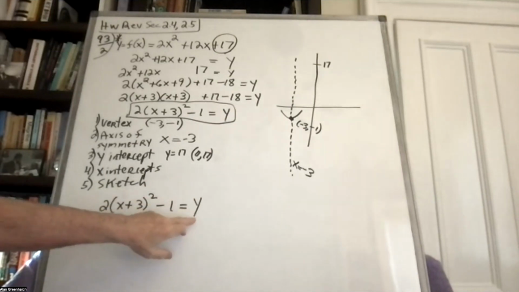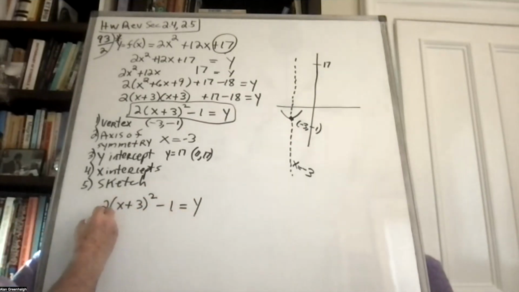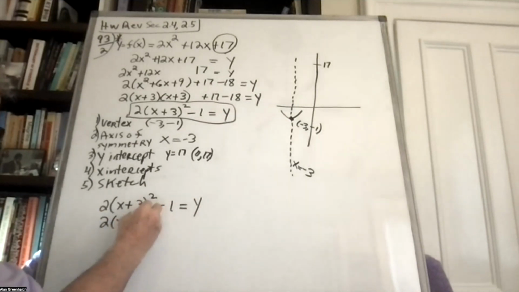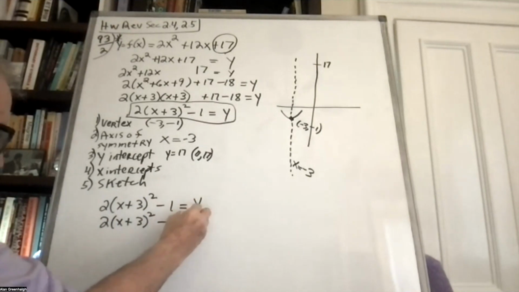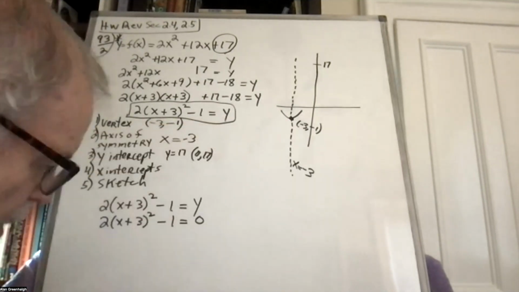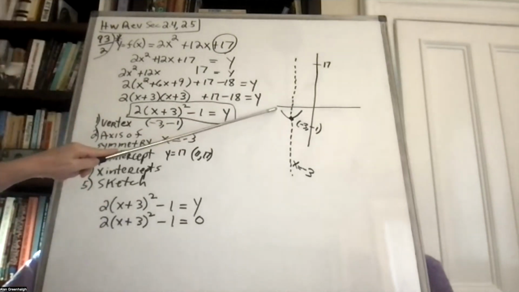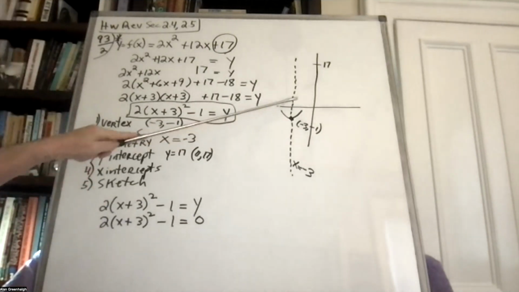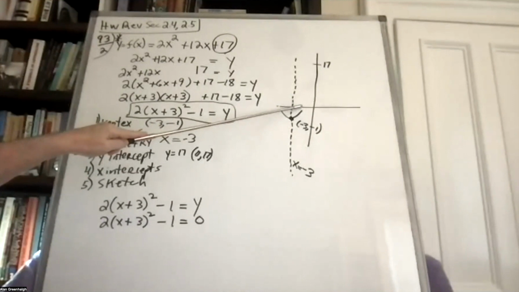By letting y equal 0. So therefore, 2 times (x plus 3) squared minus 1 is equal to 0. And now we solve for x, and that should give us both of these x-intercepts. It's obvious that one will be here and one is going to be over here.